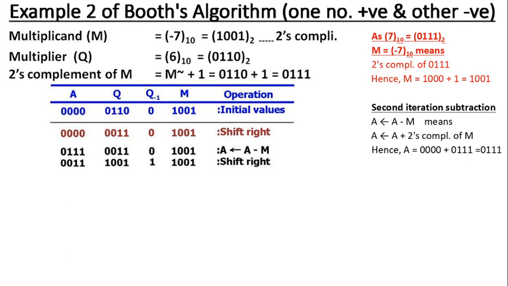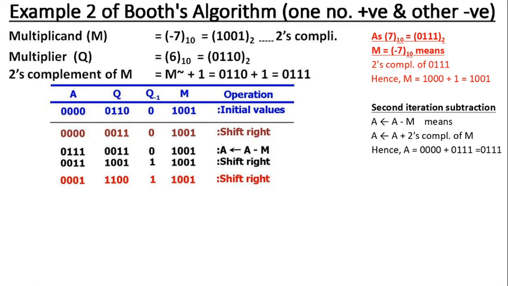So the last line here, register A, Q, Q minus 1, these 9 bits on which the arithmetic shift right operation is to be performed, and this is nothing but the third iteration. So the third iteration in this particular example is shown here. It is arithmetic shift right, which is shown by red color.